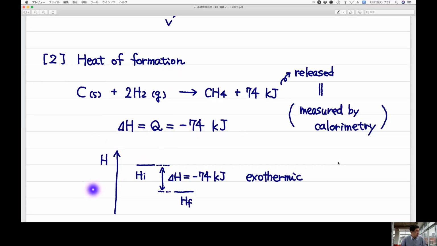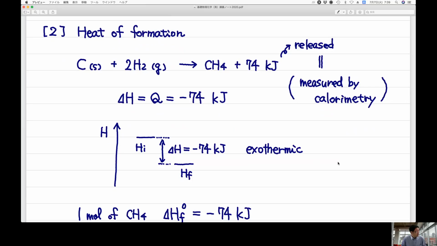You can imagine this energy diagram. The y-axis is enthalpy, and this energy level is the enthalpy of the initial state, and this energy level is the enthalpy of the final state. And we see the heat released. That means the final state has lower energy.